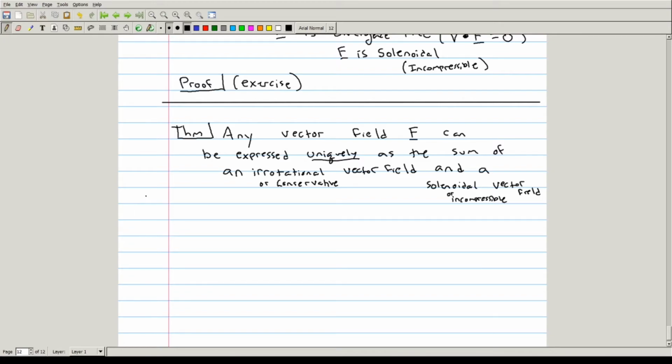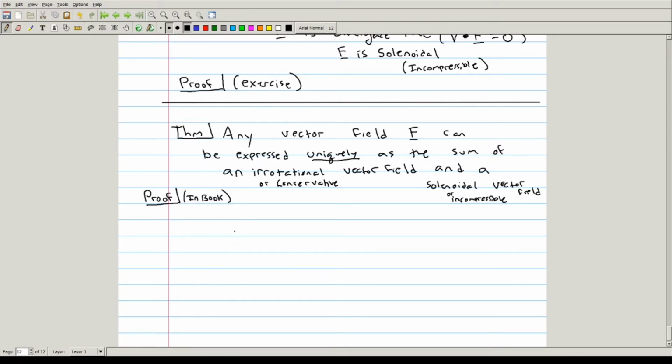And the proof of this is a little bit too long to include right now, but you can find this in the book and also in really any book on vector calculus.